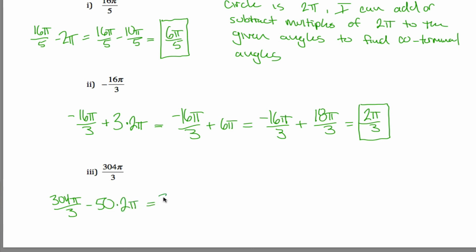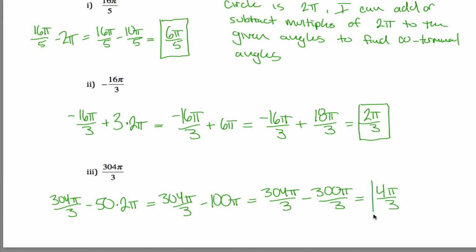So let's take this 304 pi over 3 and subtract 100 pi. And the reason I chose 100 pi is because 100 pi is the same as 300 pi over 3. And if I take away 300 of this 304 thirds, I'm left with 4 thirds, or 4 pi over 3, which is in the specified range. So that will be the answer to this problem.